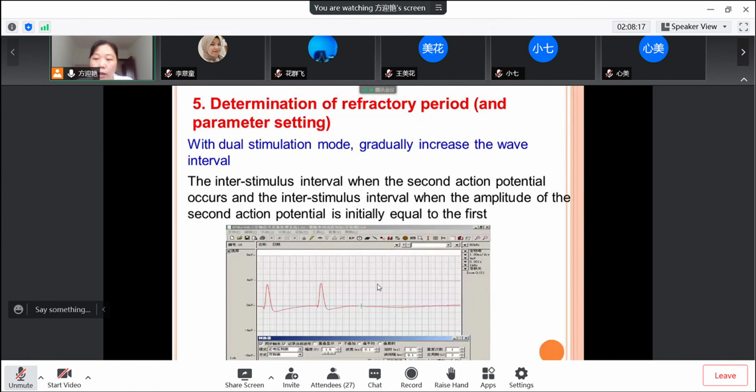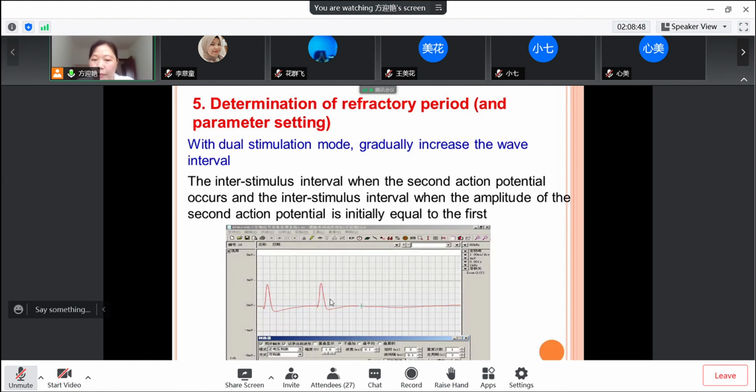No, very good. So first we should have a longer interval between the stimulations, and then we can regulate the intervals and shorten the interval of the two stimulations until it is shorter than the refractory period.